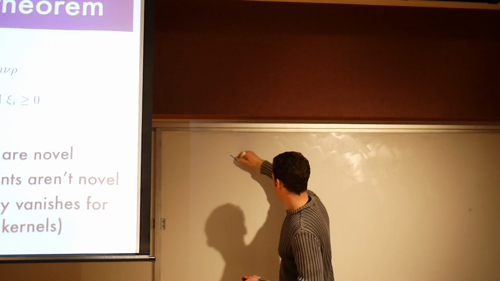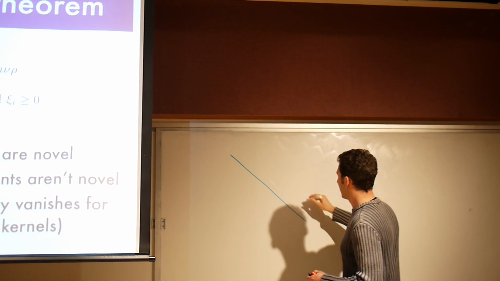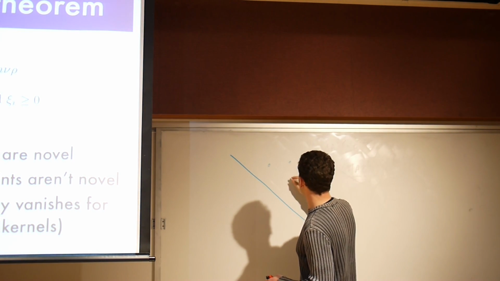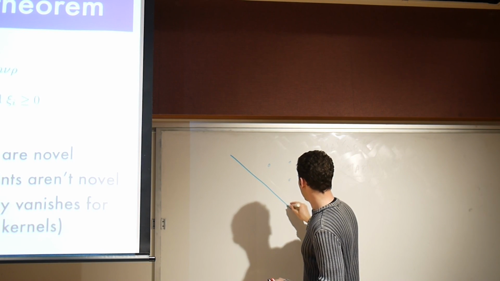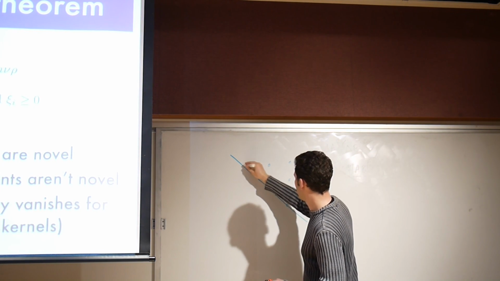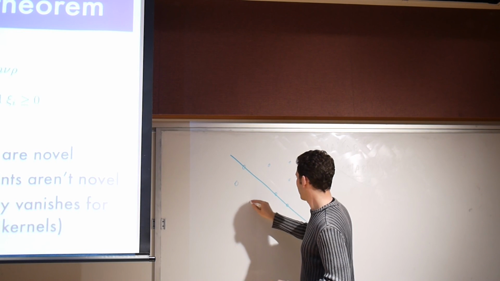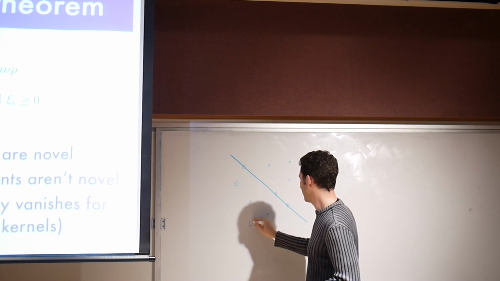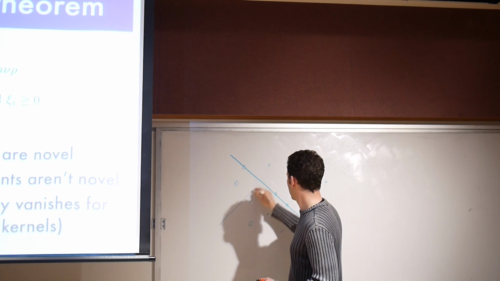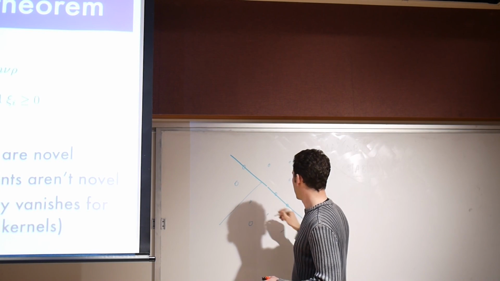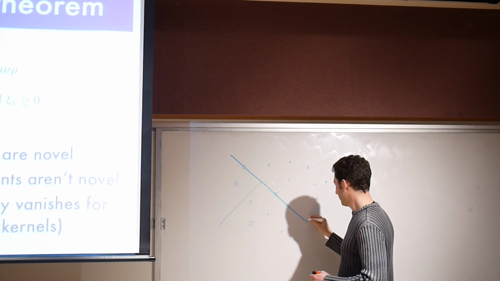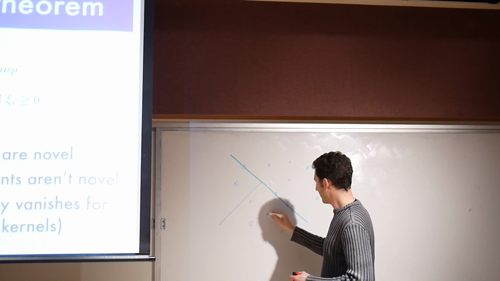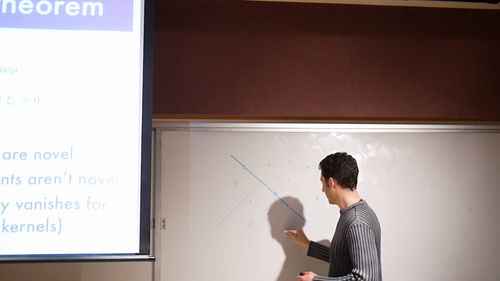So here's our hyperplane. Here's some points. They do whatever they do. Here's some points on the boundary. And here's some points that are on the wrong side of the boundary. Now, if I change rho, okay, so basically these are all the slacks that I'm paying.